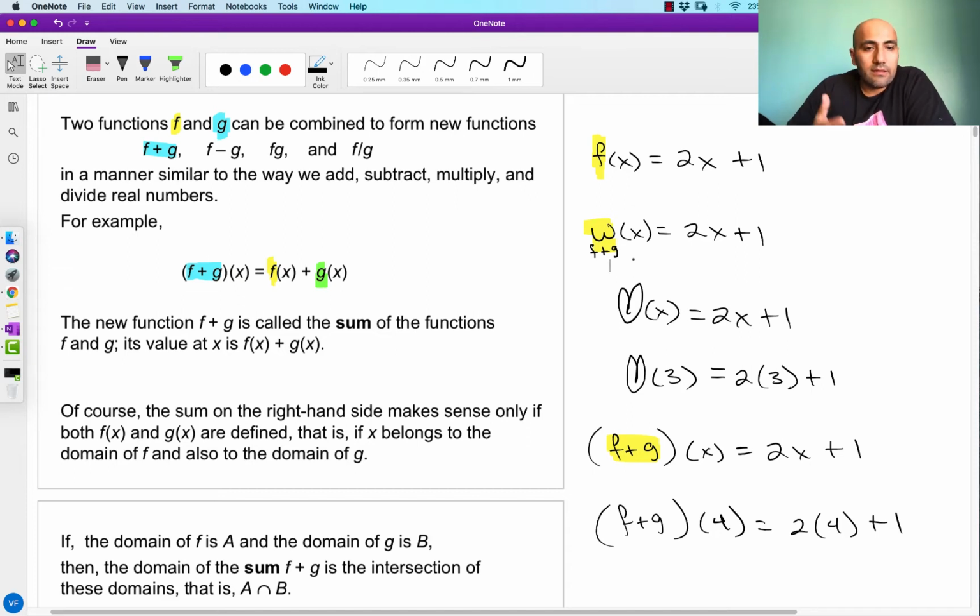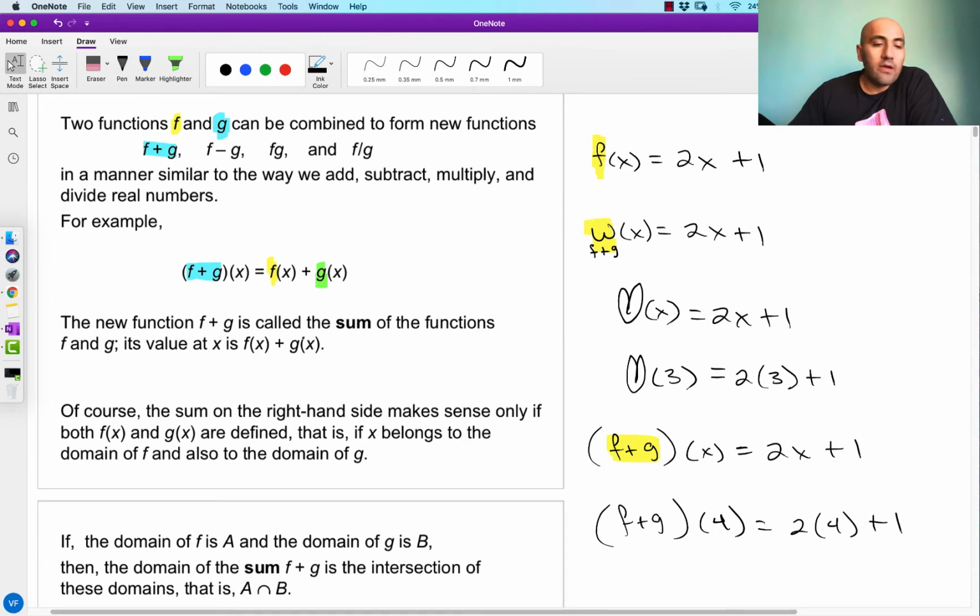So the new function, f plus g, can only be defined for values where f of x is defined and also g of x is defined, both. And then it's defined there. If there is an input value that makes this undefined, then that value cannot be part of this new function.